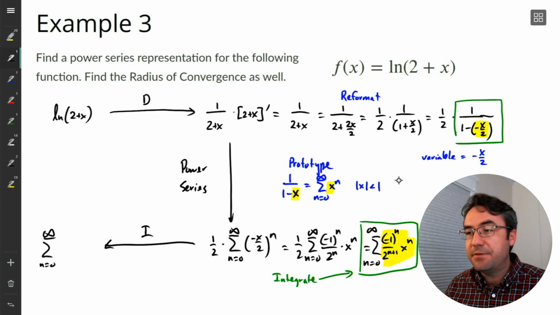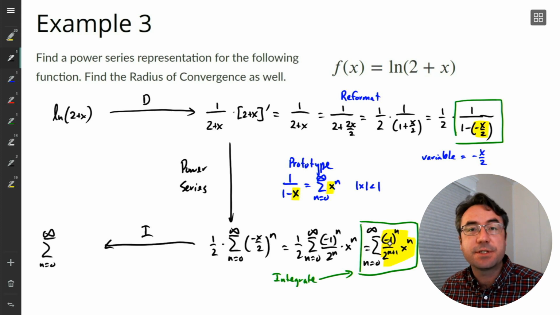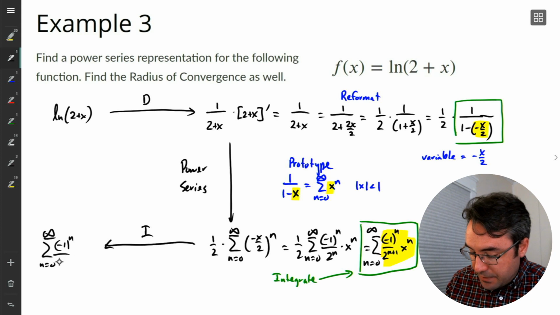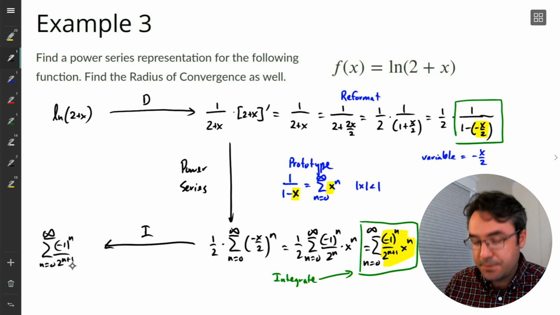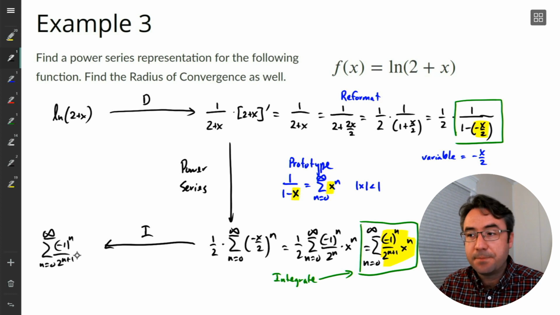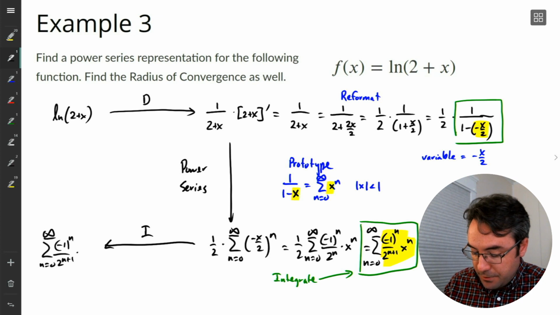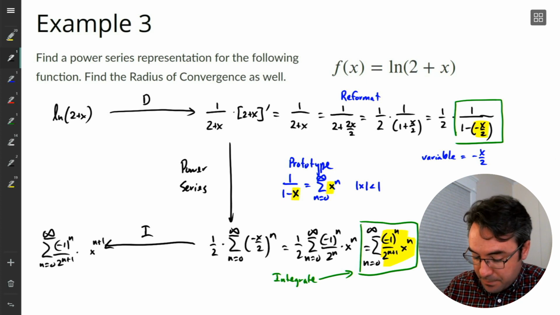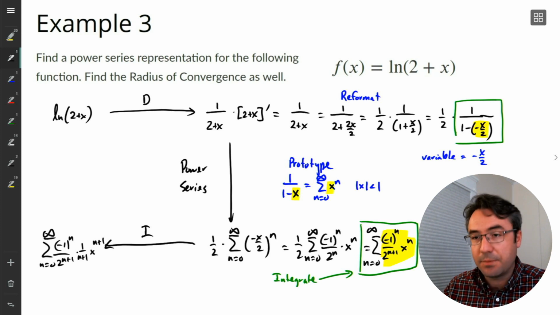That negative 1 to the n and 2 to the n plus 1 are just constant multiples, so nothing's going to happen to those. They stay the same, negative 1 to the n over 2 to the n plus 1. And let's do the power rule on that x to the n. Keep our variable the same, add 1 to the exponent, so we go from n up to n plus 1, take that new exponent, flip it, and put it in front. So 1 over n plus 1.